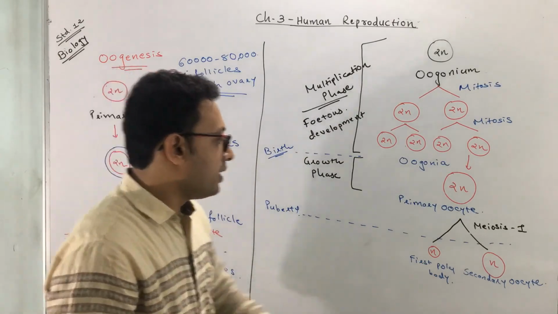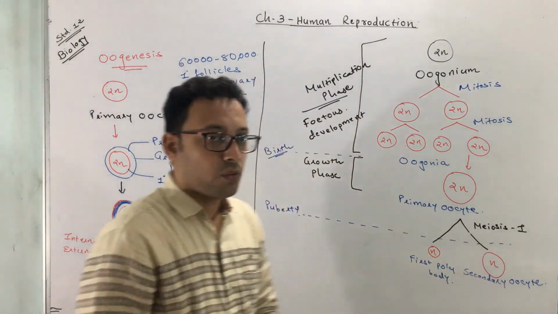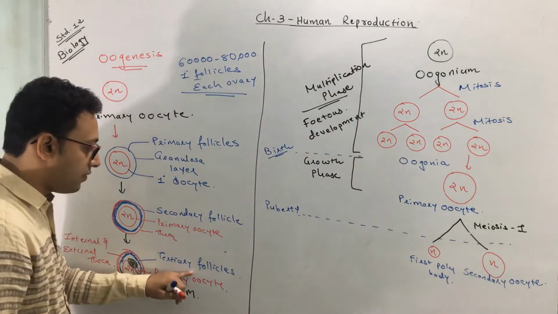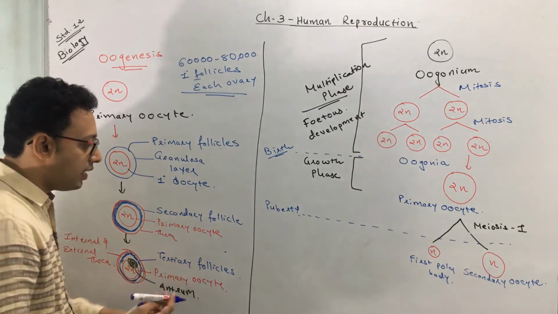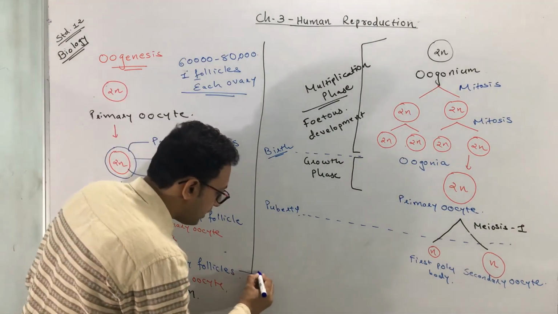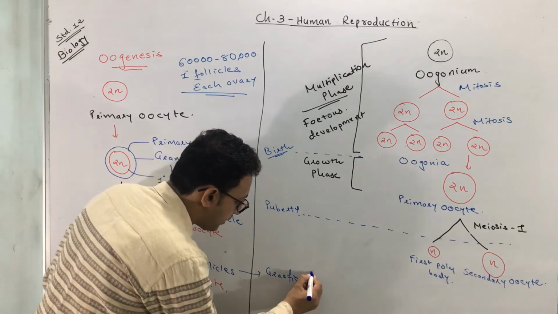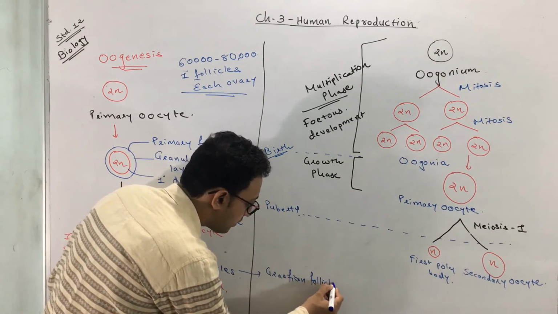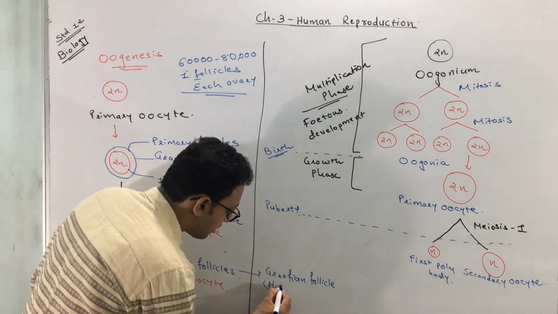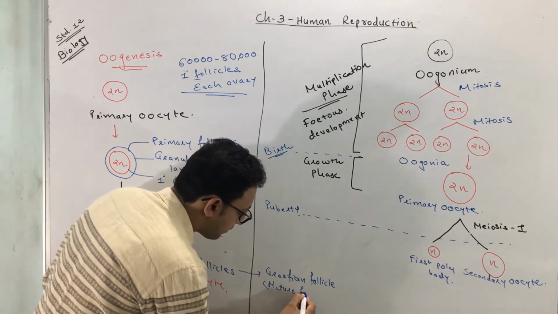Okay. Now in this secondary oocyte, what happens? After the formation of the tertiary follicle, it is converted to a Graafian follicle, which can also be called a mature follicle.